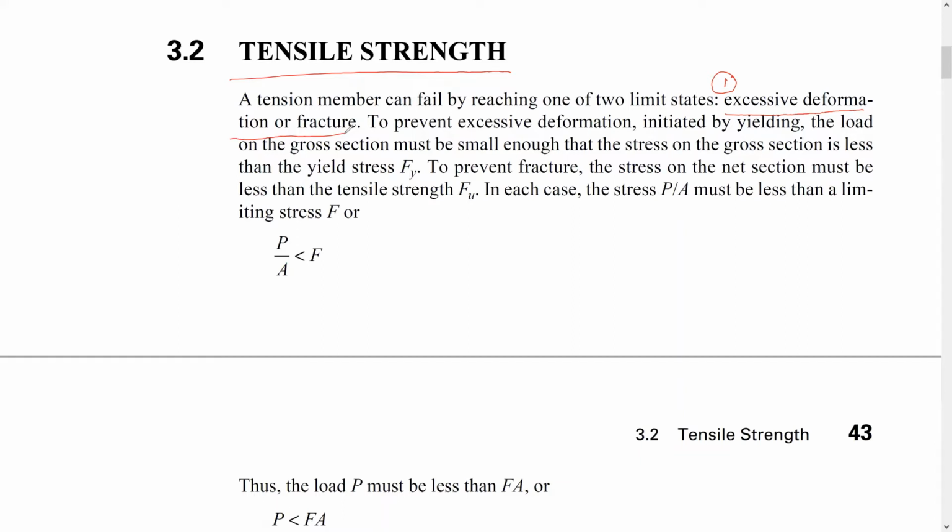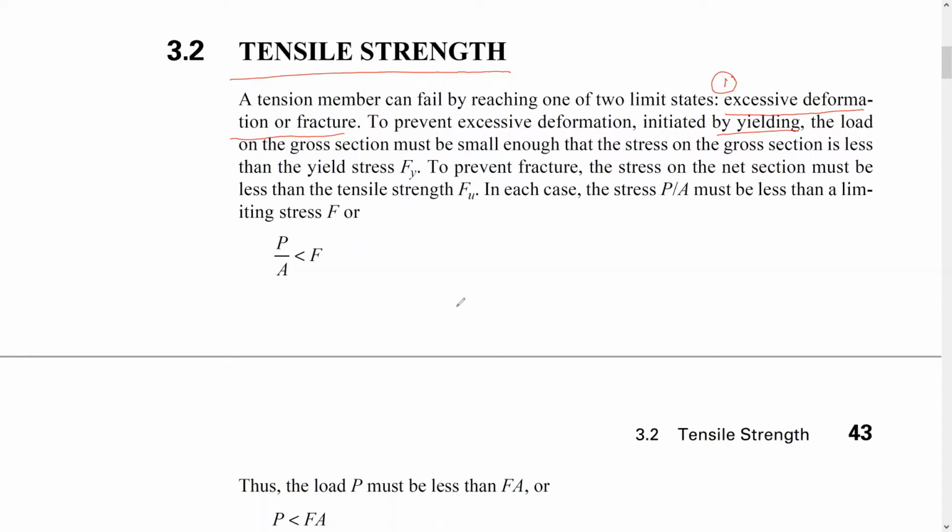All the time, let's say the load in the cross section should be less than, or let's say the stress generated by the load in the cross section should be less than the yield stress, okay? So for excessive, let's say, deformation, طبعا لما نحكي excessive deformation here نحكي عن yielding, okay?